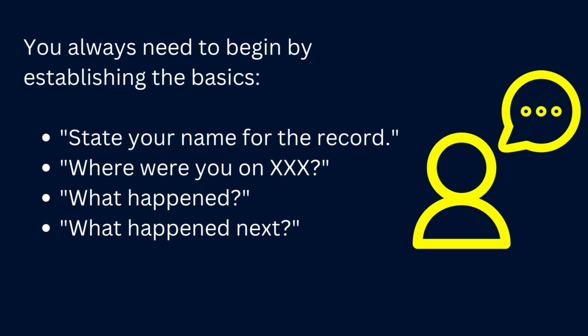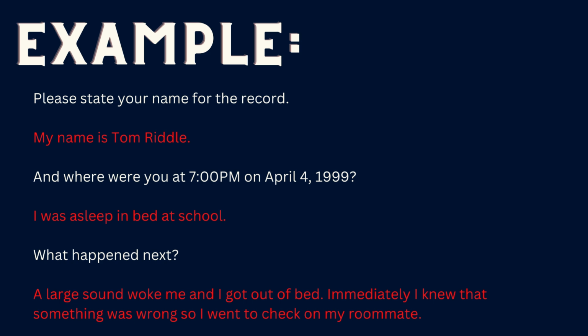Let's look at some examples here. A very easy early example, which I have here on the slide, has the attorney's questions in white and the responses in red. As you can see, begin by asking the normal question that you'll always start with. Please state your name for the record. That should always be your first question.